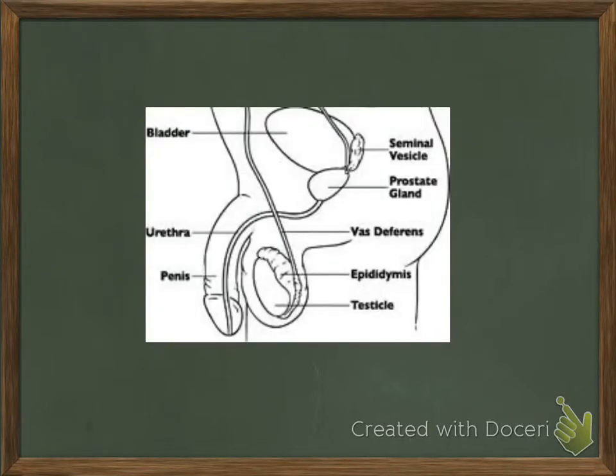So this is the male reproductive system. The male reproductive system has something known as the scrotum. Here the sperms are produced in a pair of testes. The testes is the male reproductive part which releases a hormone called testosterone.